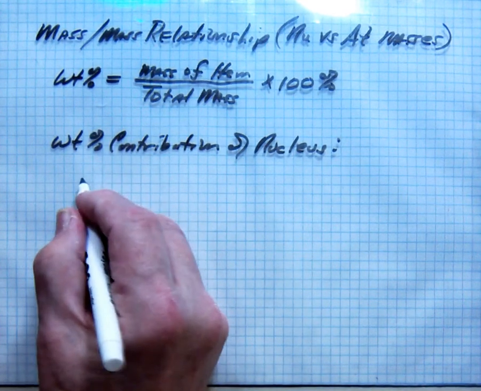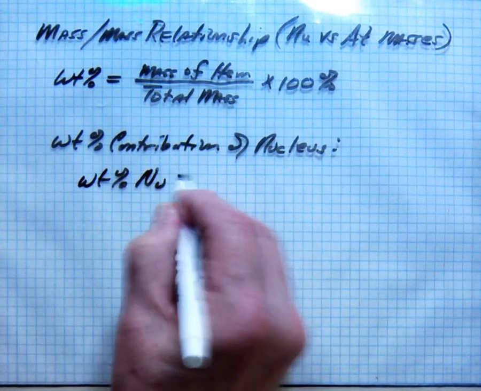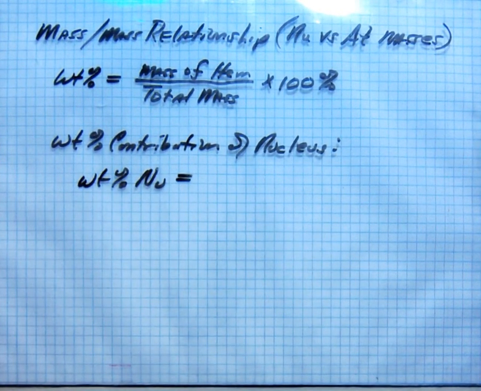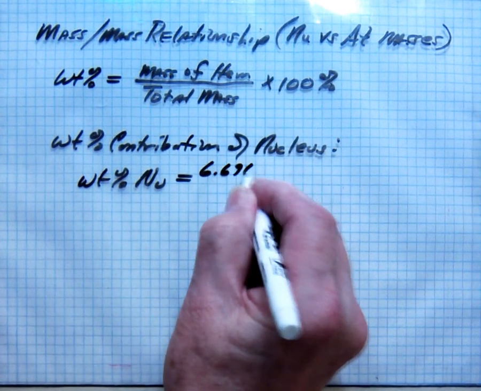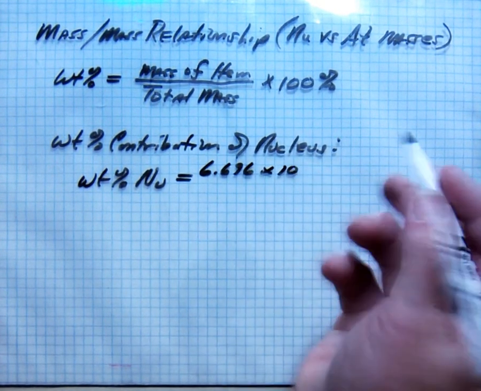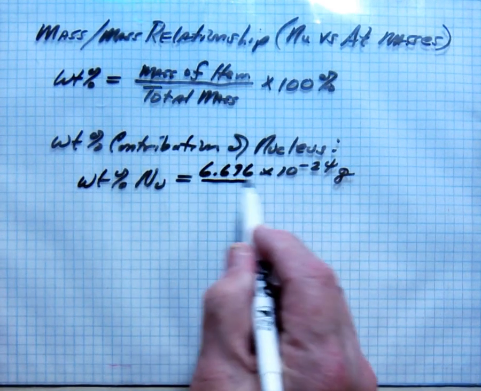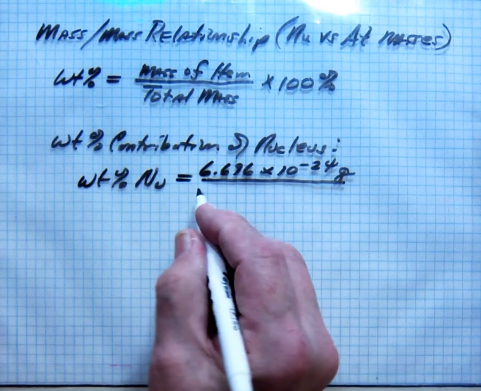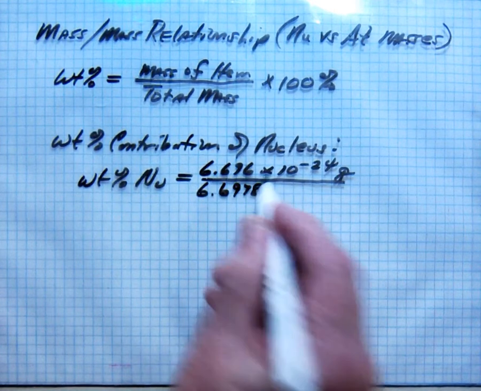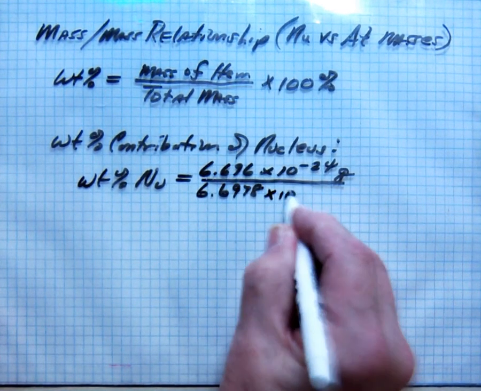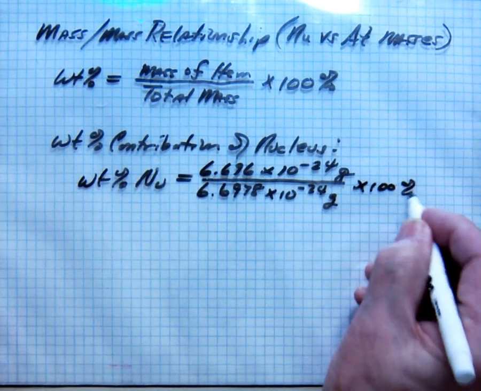Okay, so weight percent nucleus is equal to 6.696 times 10 to the minus 24 gram divided by 6.6978 times 10 to the minus 24th of a gram times 100%.